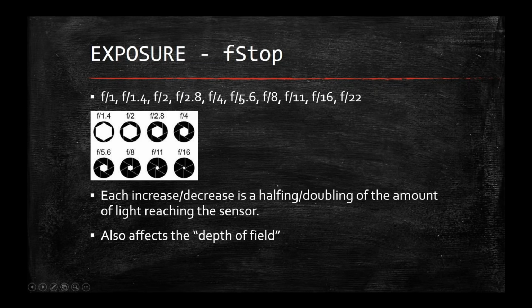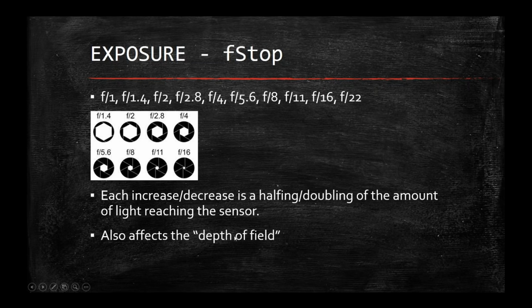It's just to make you realize that when you're going to change the f-stop, so let's say you're going to go from 5.6 and you're thinking that you want to decrease the amount of light by half, if you go to something like f12 or f11, you're actually going to have 4 times less light reaching that virtual sensor.